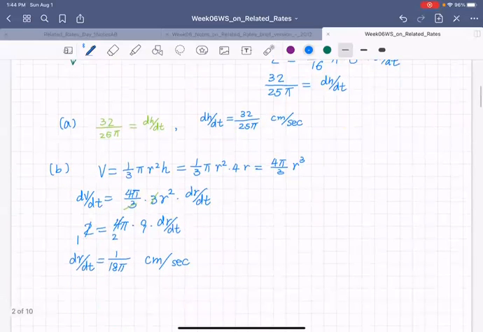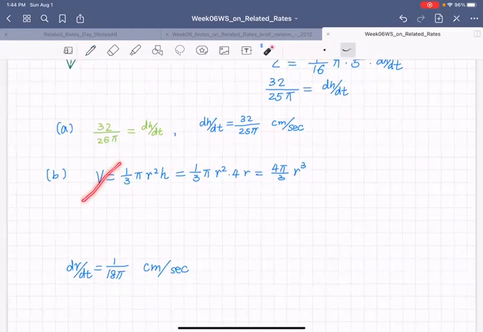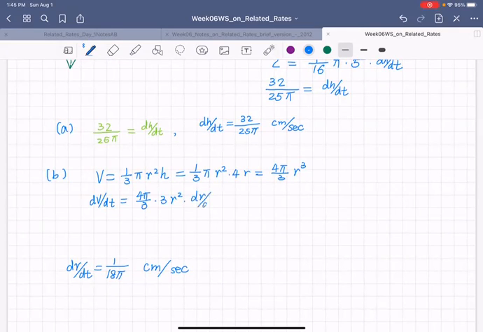Okay. Now let's go ahead, do the same way as the other question. Let's do the related rates for both sides, please. Okay, so that'd be dV over dt equals 4 pi over 3 times 3r squared times dh over dt.